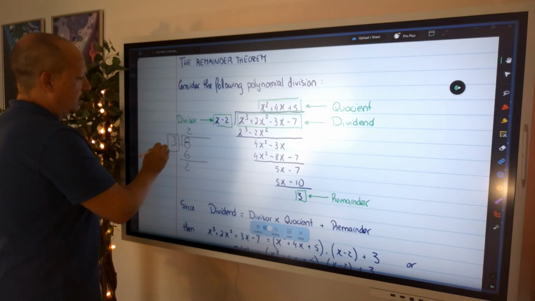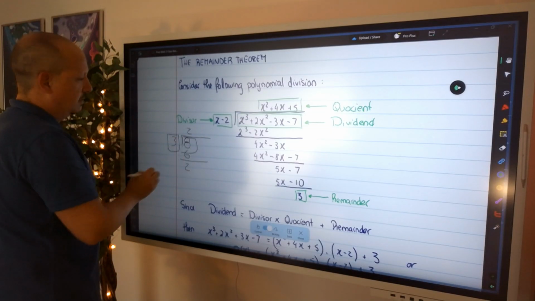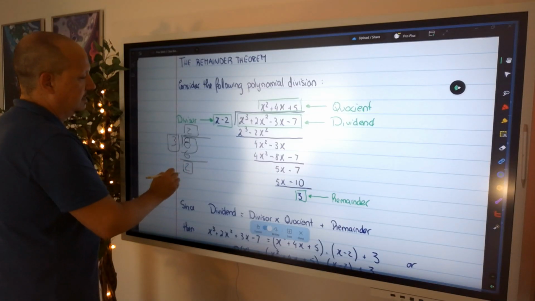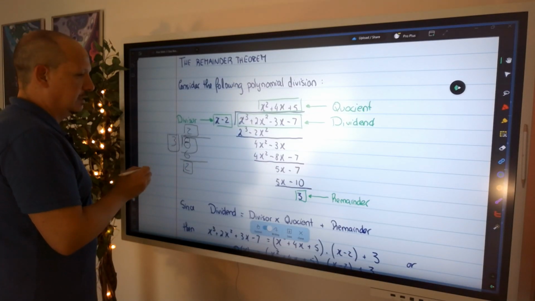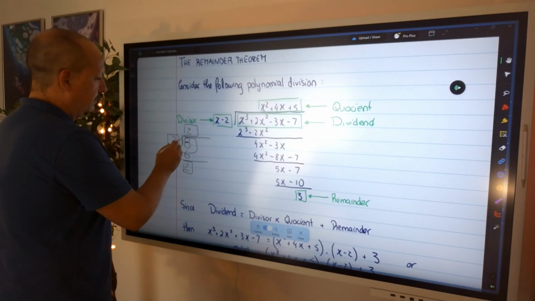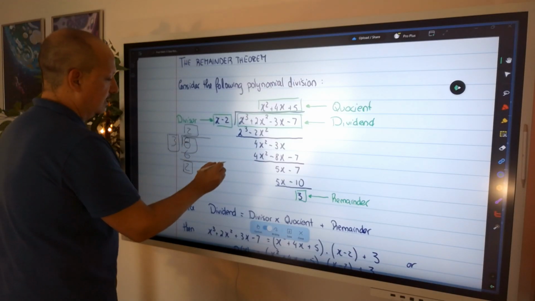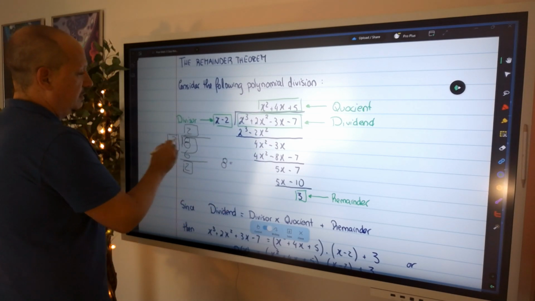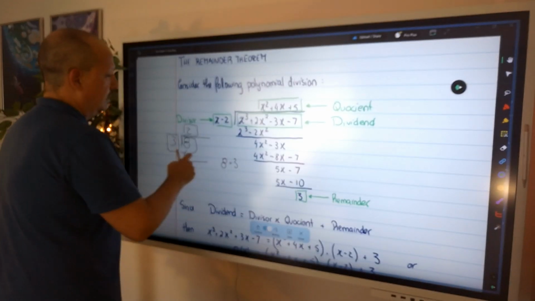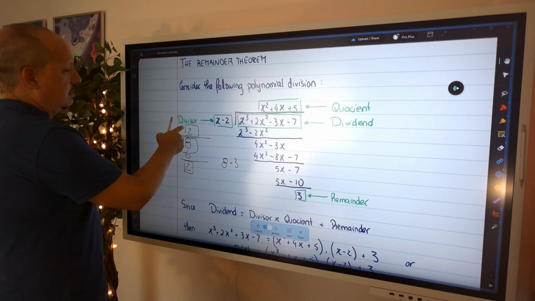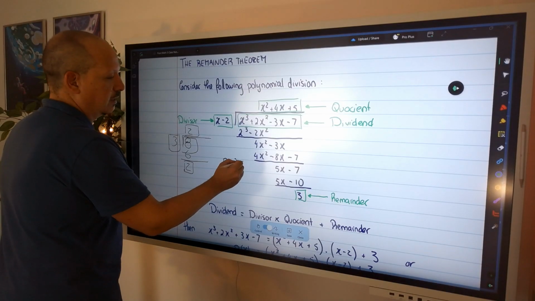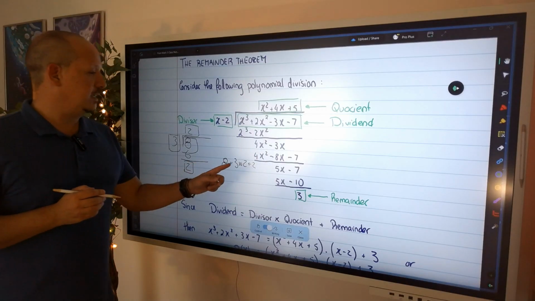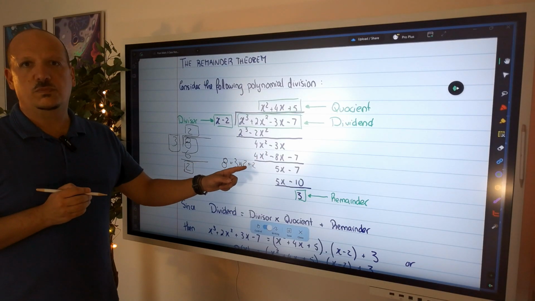So how can you write all of these things? I'm talking about the divisor, the dividend, the quotient, and the remainder. You can write it like this. The dividend, that is the 8, can be written as the divisor, that is 3, times the quotient, the result of the calculation, plus the remainder over here. 8 equals 3 times 2 plus 2.